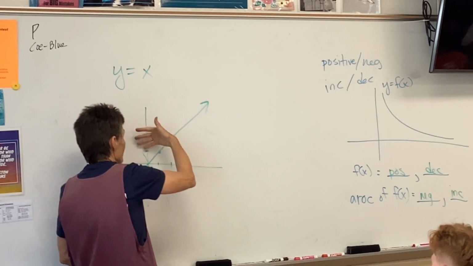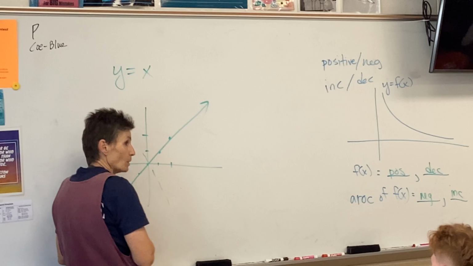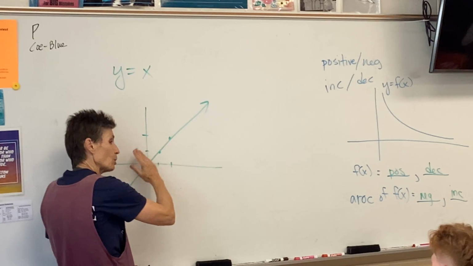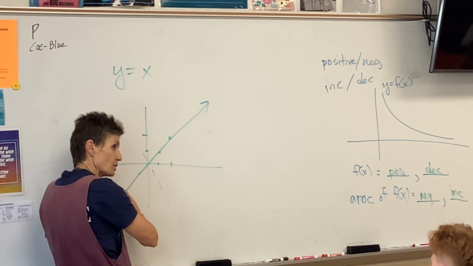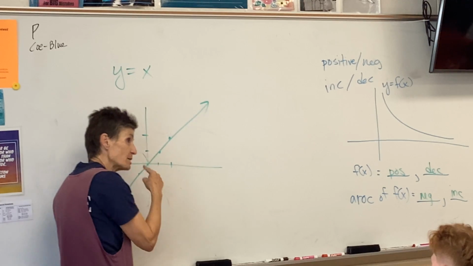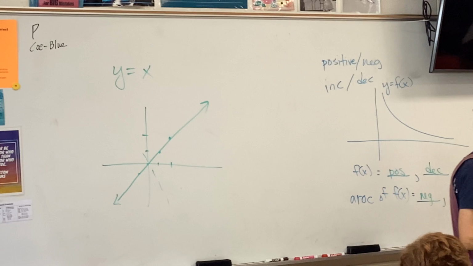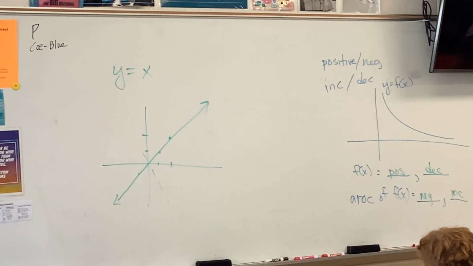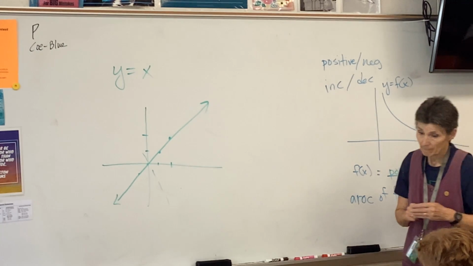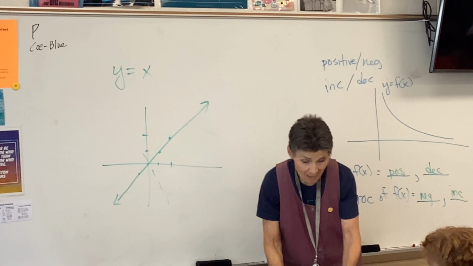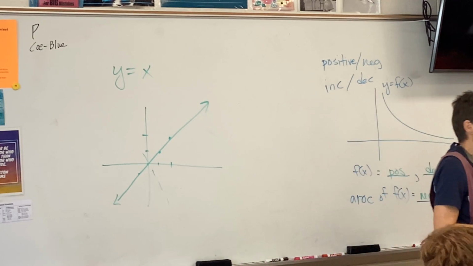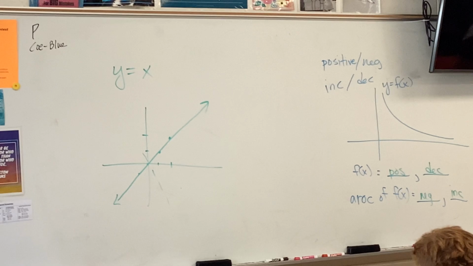What if I folded it this way? Nope. What if I folded it across the origin? Yes. So this one has symmetry about the origin and itself. Is it bounded? In other words, does it have a ceiling? Floor? No, we're not bounded anywhere.